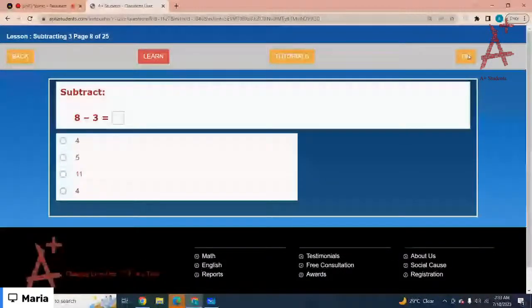The next one is 8 take away 3. So which is the correct option? Start with 8, go back 3 numbers.